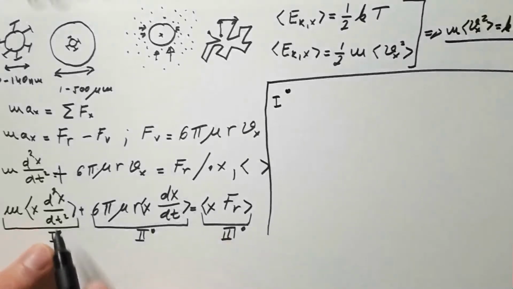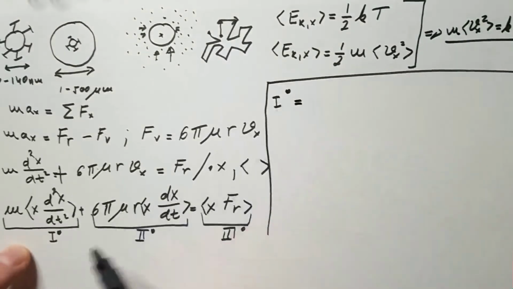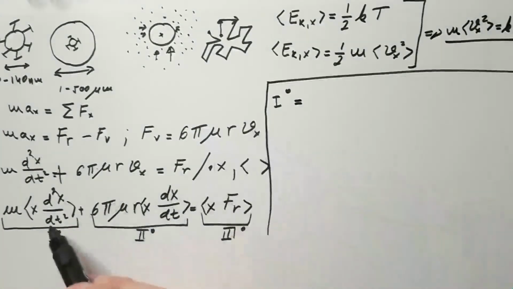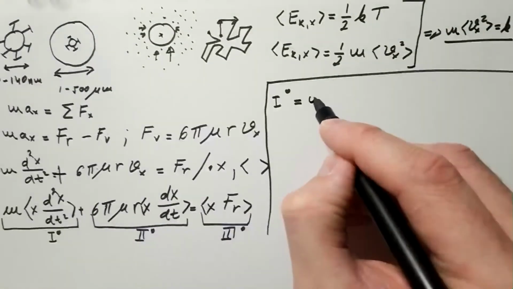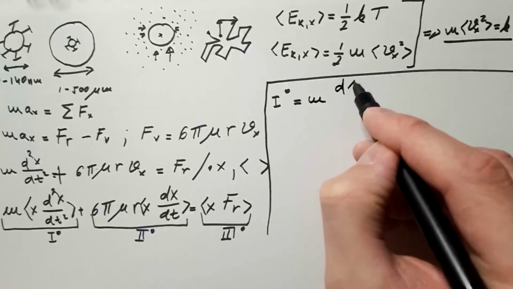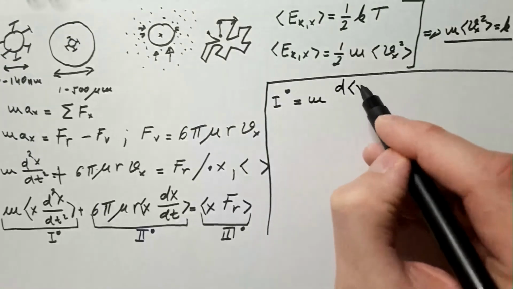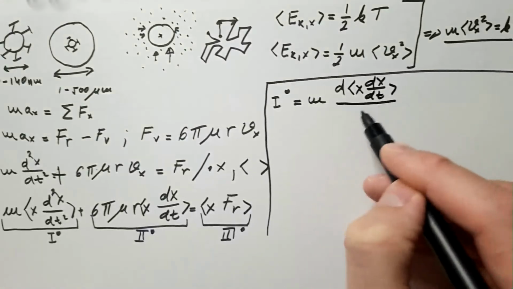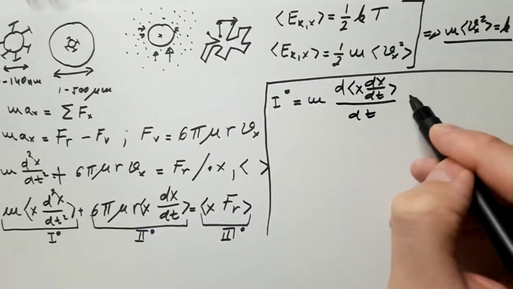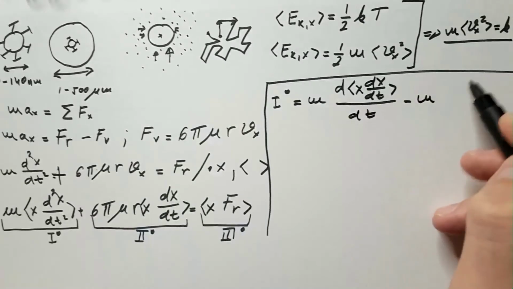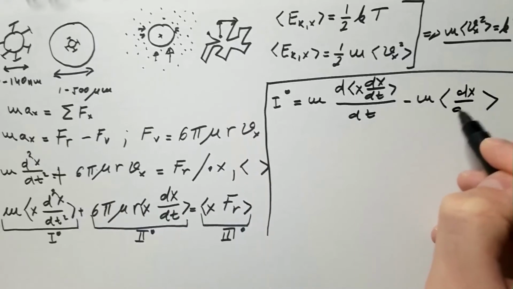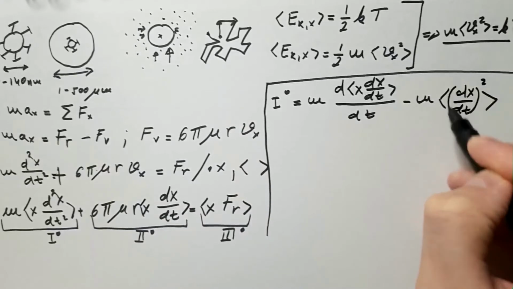I can rewrite this term in the following format. I can say that this expression here is equal to m d of the mean of x dx dt over dt, minus m times the mean of dx over dt, everything squared.